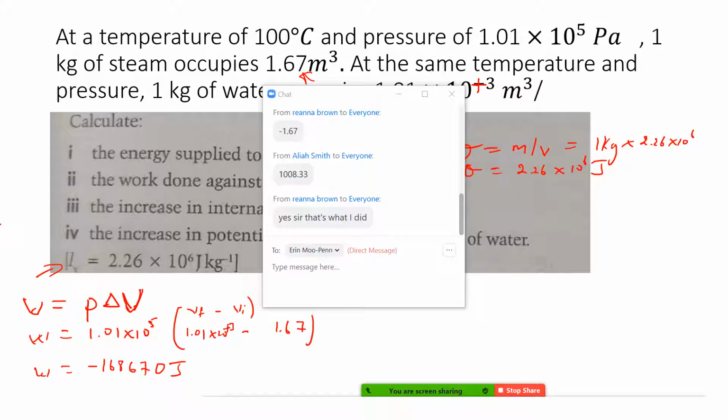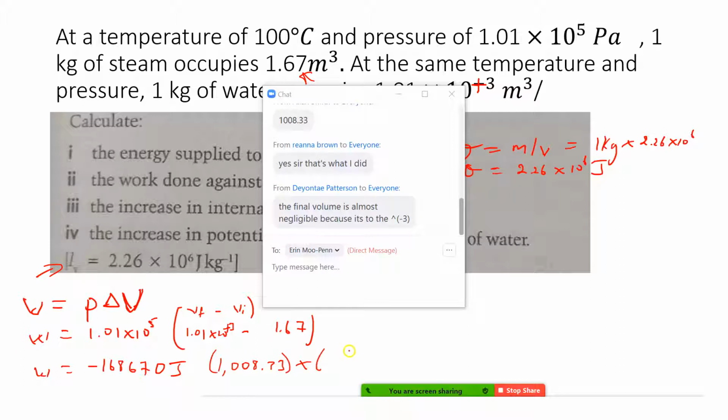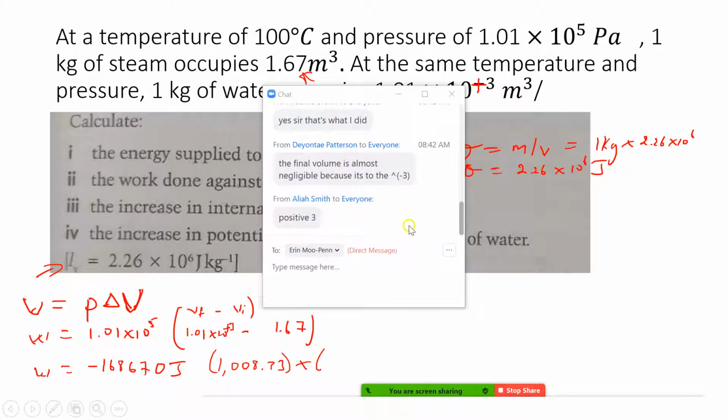So let me just do this again. 1.01 e to the third minus 1.67, the change in volume is supposed to be 1008.33, and then you would multiply that by the pressure.